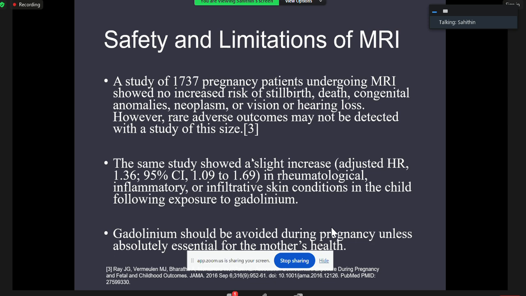Most of the patients in the study had gadolinium either because they did not declare the pregnancy or they didn't know they were pregnant. Very few of them actually received gadolinium with the intention of knowing that the patient was pregnant.